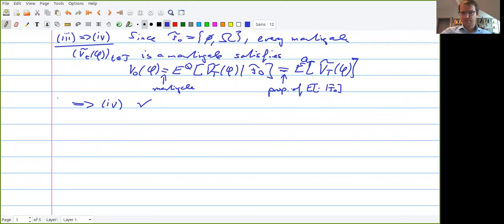Which tells us, if we now have the martingale, we have these equalities between the initial value and the expected value under Q of the discounted terminal value. All right. Since the last step is again a bit longer, that this property implies that Q has to be a martingale measure is where we start next time.